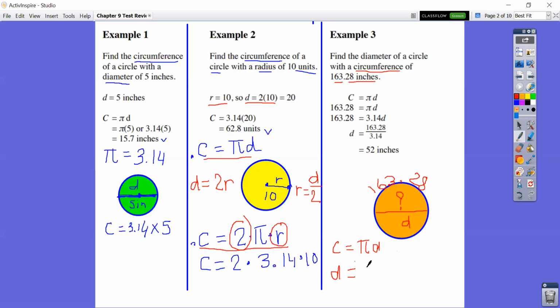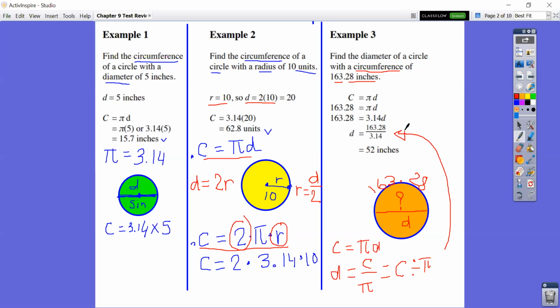What do we do? We take the circumference and divide by pi. A fraction means divide. C divided by pi. So what do they get? 163.28 divided by 3.14. It's the same thing as the one they show you on the top.